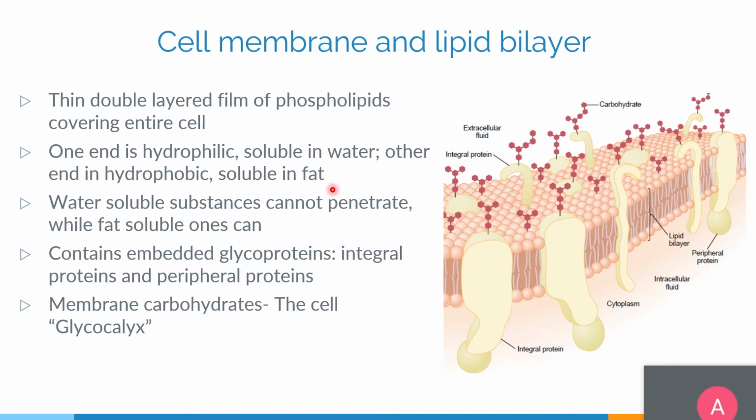They are arranged on the cell membrane in such a manner that the hydrophilic parts of the phospholipids face either the exterior or the interior of the cell, such that the hydrophobic parts of the two layers are facing each other.